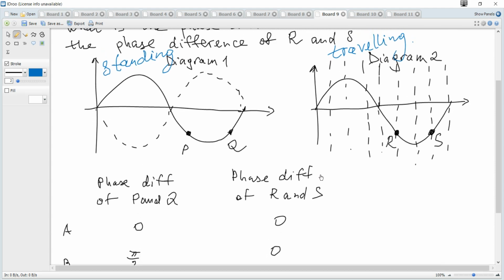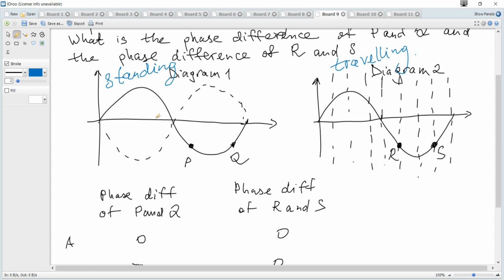If we consider standing, all particles within 2 consecutive nodes are moving synchronously. It's called in phase, and all these particles are moving down. Actually, we can say up and down, or to the right, to the left, and all particles here are moving synchronously up.